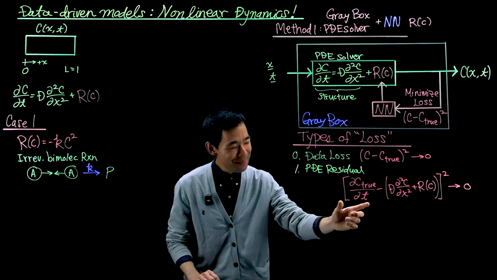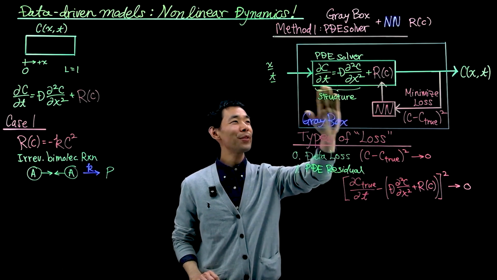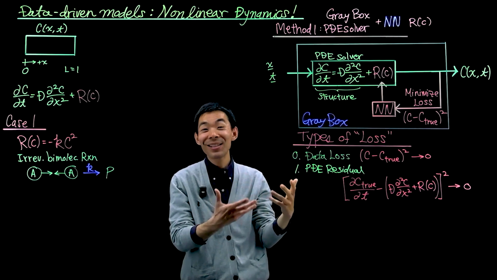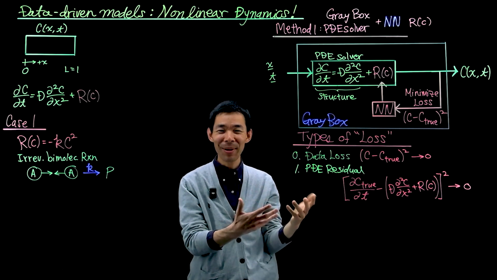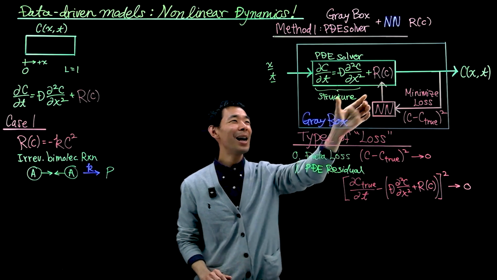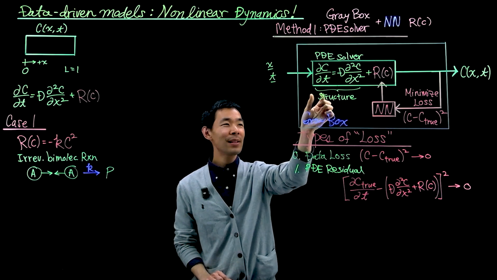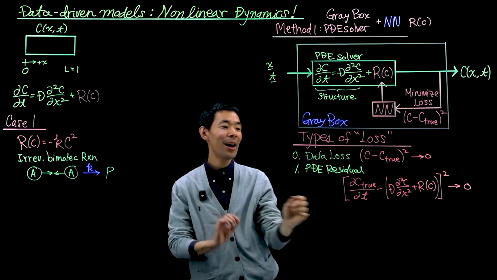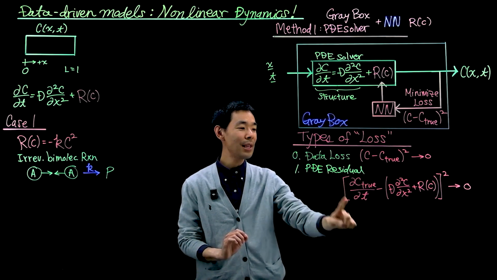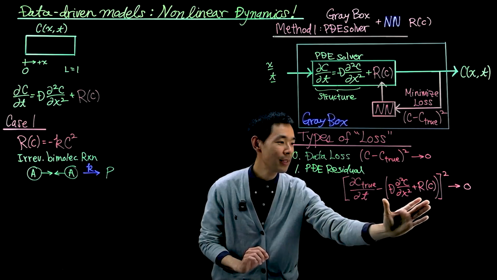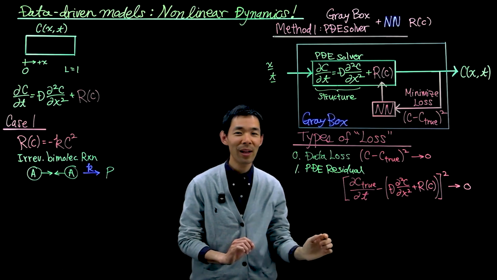What we have here is we have the partial differential equation, which we have guessed must be the underlying dynamics of our system. I'm going to move over the right-hand side over to the left-hand side, such that we're taking the residual of partial C, partial t, minus the stuff on the right-hand side, D Laplacian plus your rate law.